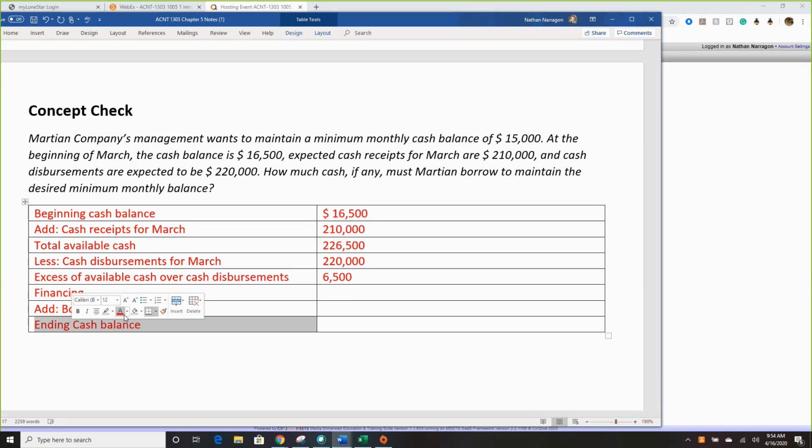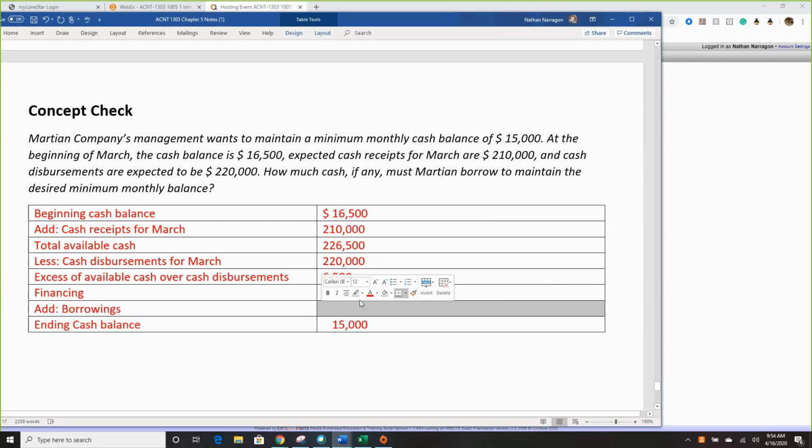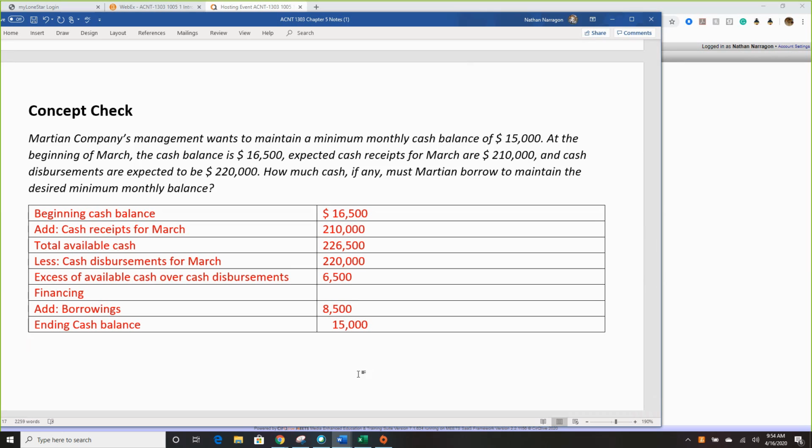So how much should we borrow to get to $15,000? Good. $8,500. Good.